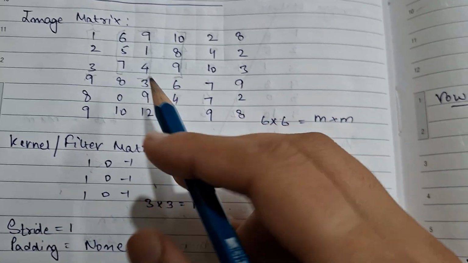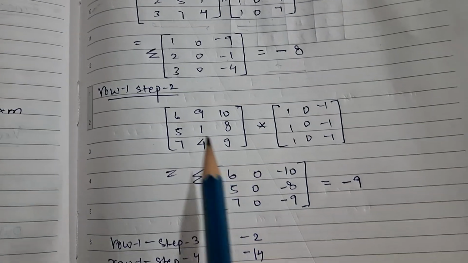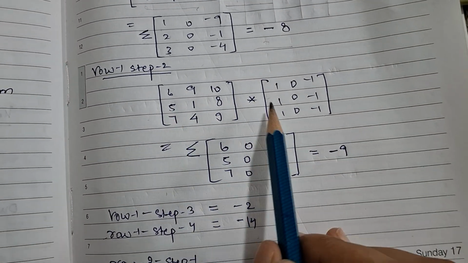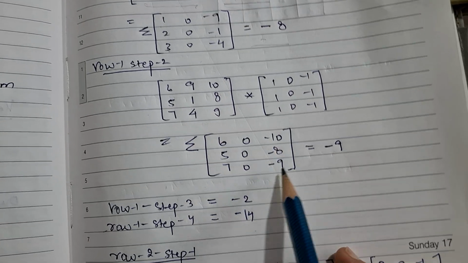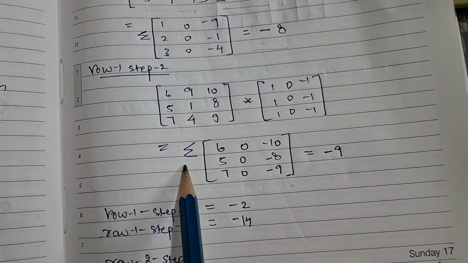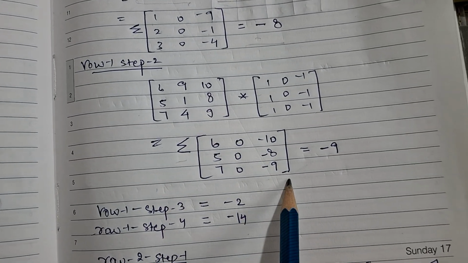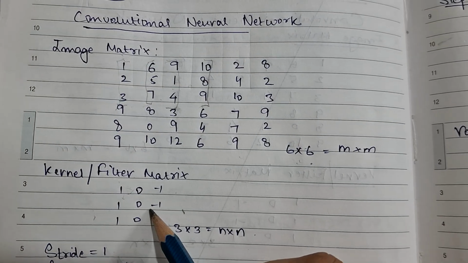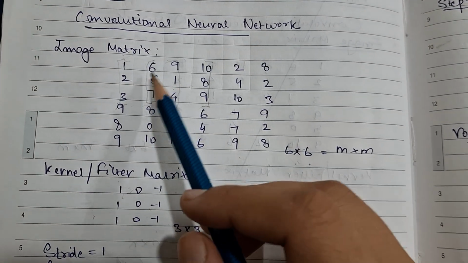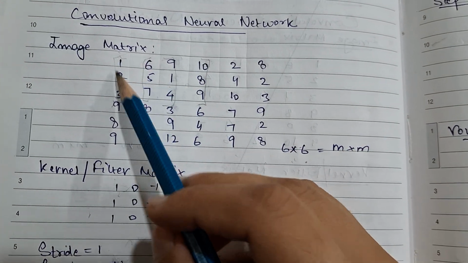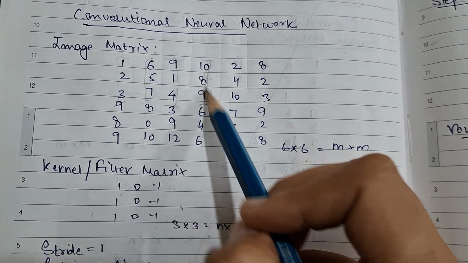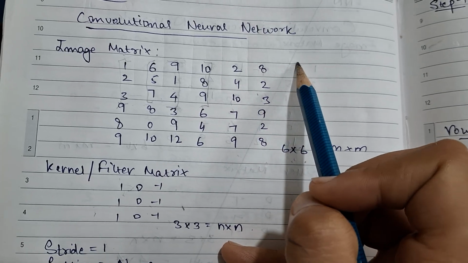When we do that, we will get the following, and in a similar way we will multiply each of the elements and get our resultant matrix, and then we will sum all the elements in our resultant matrix to get the final sum. Now if we see, this kernel or filter can go only 4 times in one go: first, second, third and fourth.